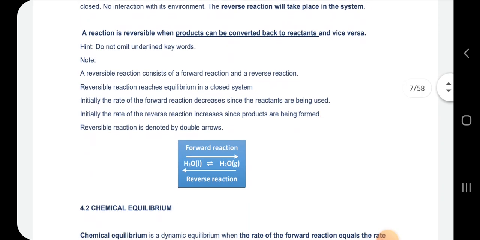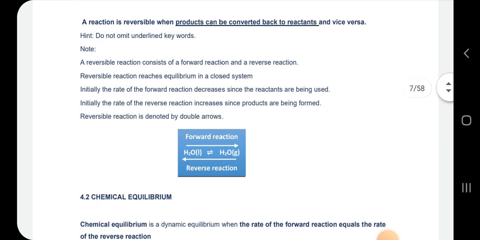Another thing, a reaction is reversible when products can be converted back to reactants and vice versa. And there's a hint there: do not omit underlined keywords when you're trying to explain what a reversible reaction is. A reversible reaction consists of a forward reaction and a reverse reaction, right? When you have those two arrows, look at that blue box. A forward reaction goes in the right direction and a reverse reaction goes towards the left direction.